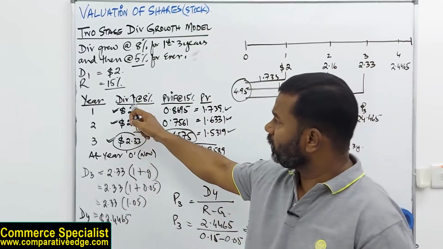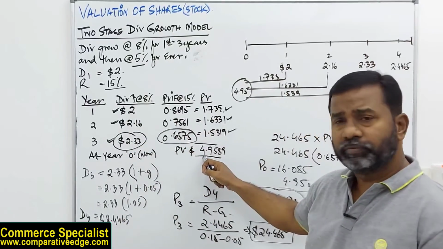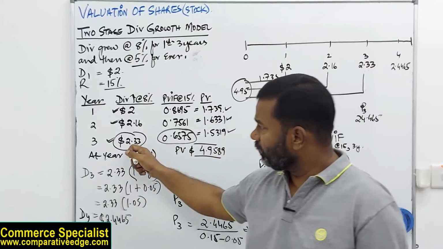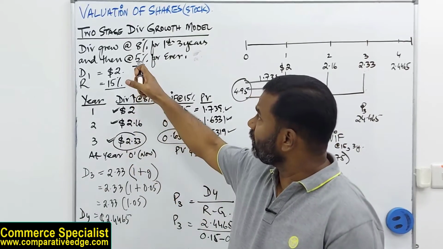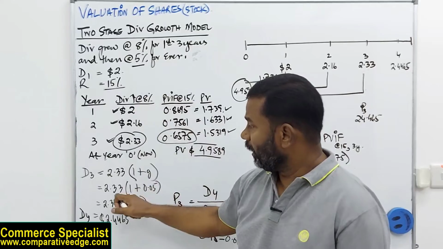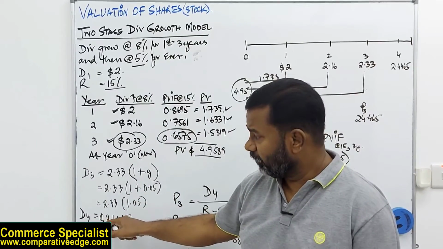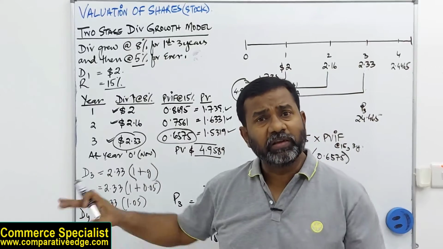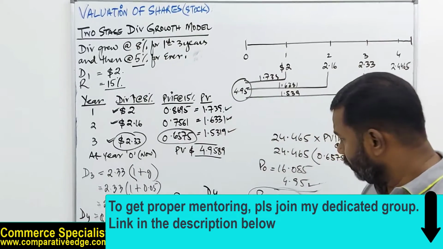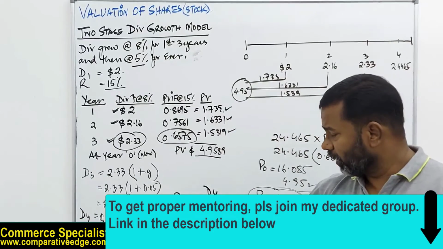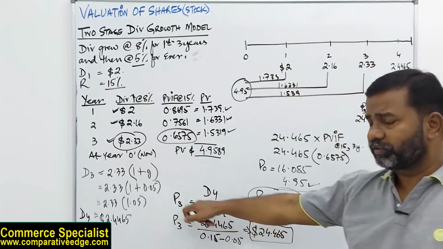First try to grow the dividend, find the present value, then this dividend at year 3 is growing at the rate of 5%. So I grew it by 5%. This is the value of dividend at year 4. So what is the value at year 3 in that case? So I found the price of the share at year 3 using the same formula.